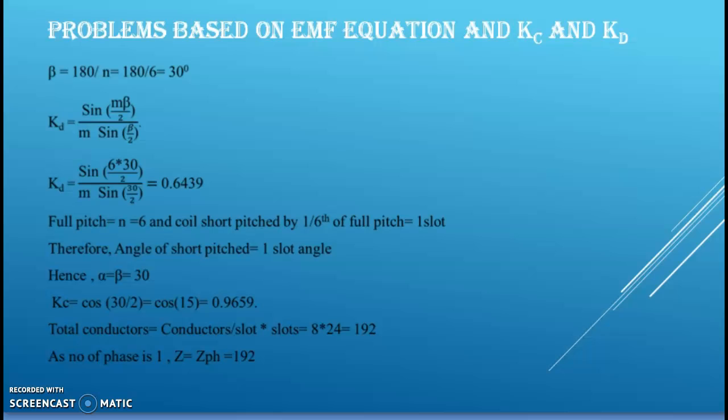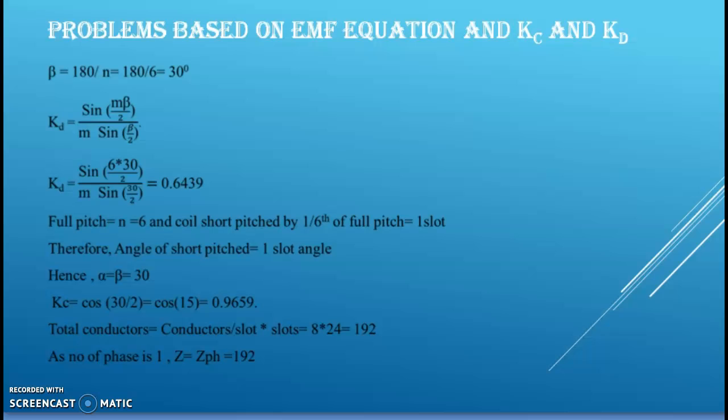Therefore alpha is equal to beta, which is 30 degrees. So put this value in the formula of Kc. We get Kc equal to cos of 30 upon 2, so it will be 0.9659. So this is Kc and Kd.